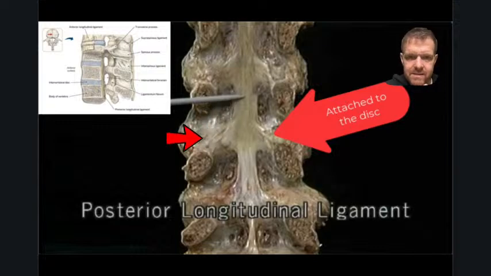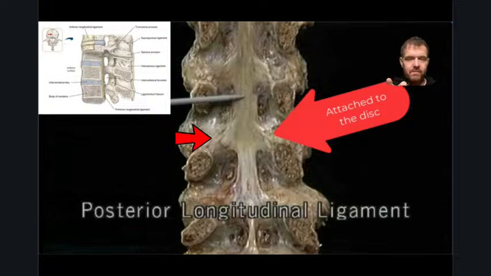The ligament does extend laterally, but you can see here there's kind of a gap around this area. So this is why discs usually herniate posterior, so towards the back, laterally. They go to the side and then stick out.